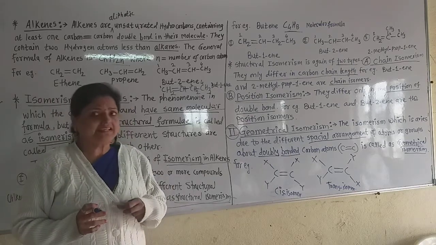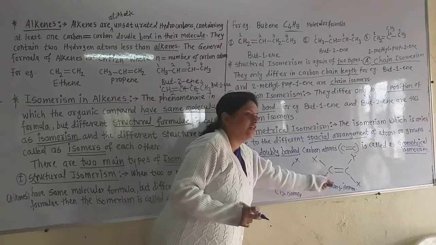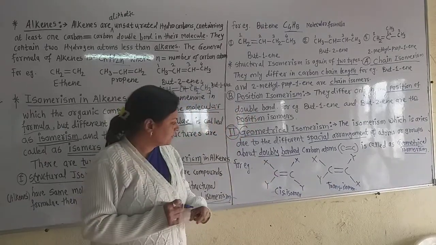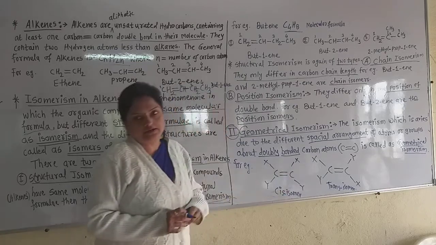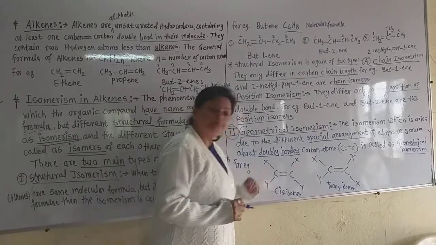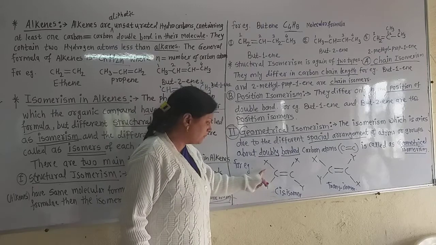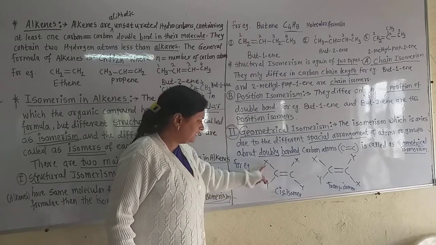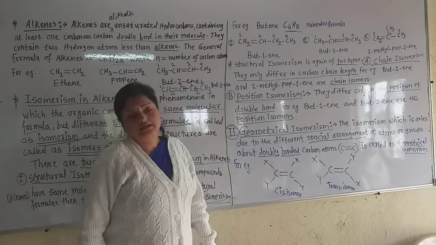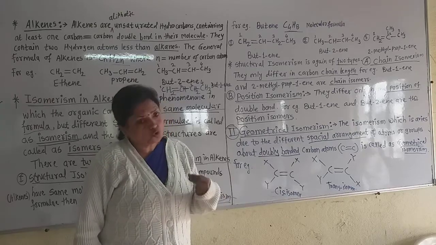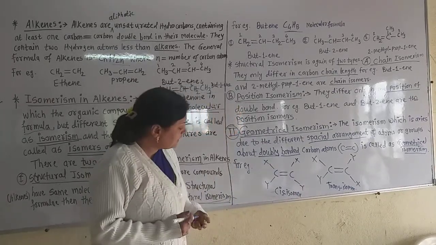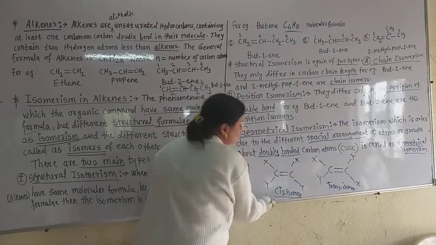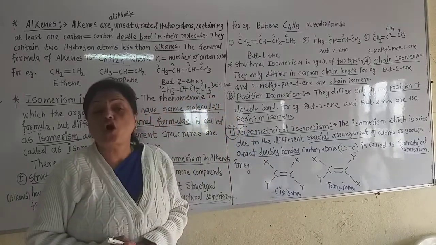Now let us consider these two structures. I generally draw them. Suppose these are the two carbons of a carbon-carbon double bond. Now on the first carbon there are X and Y substituents, atoms or groups of atoms, and on the other carbon also. Now see here, this is cis isomerism. Cis means what?